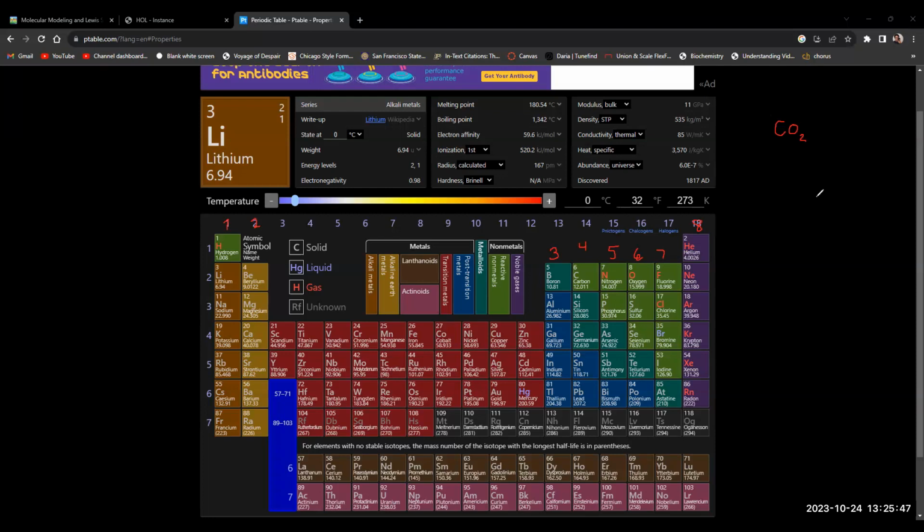How many electrons does carbon have? So carbon has 4.